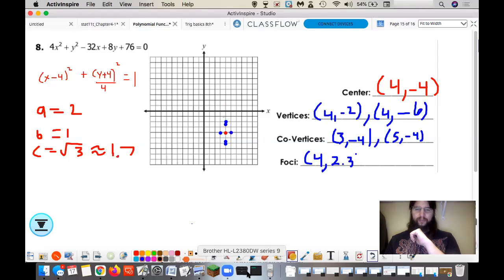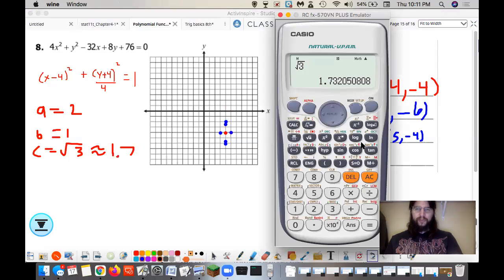And so well, that should be negative. So you could just do negative 4 plus my C, negative 2.3, and then minus negative 5.7.